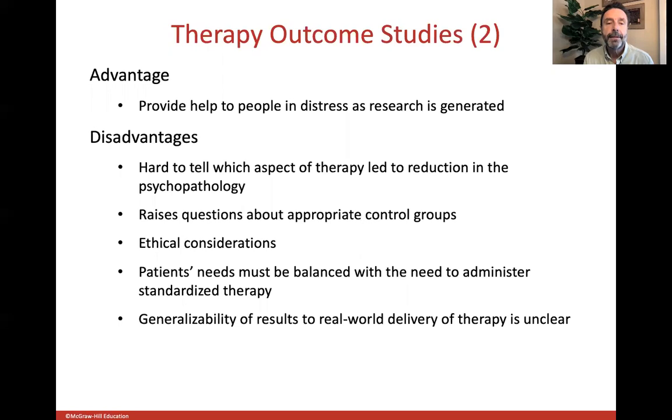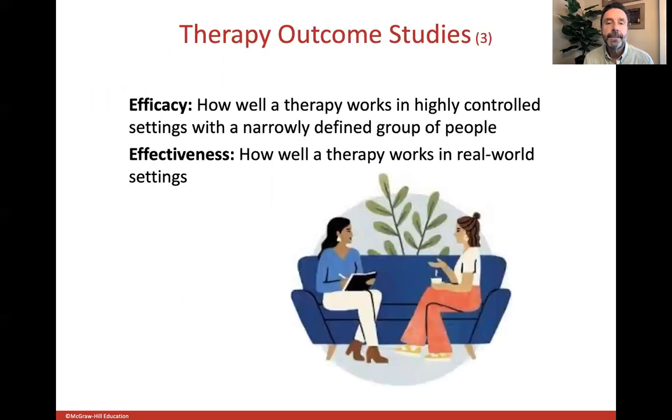As far as therapy outcomes, we're looking at whether the patient or the client feels that they have had an effective treatment at the end of treatment, and also whether the clinician feels like the patient has had an effective treatment.